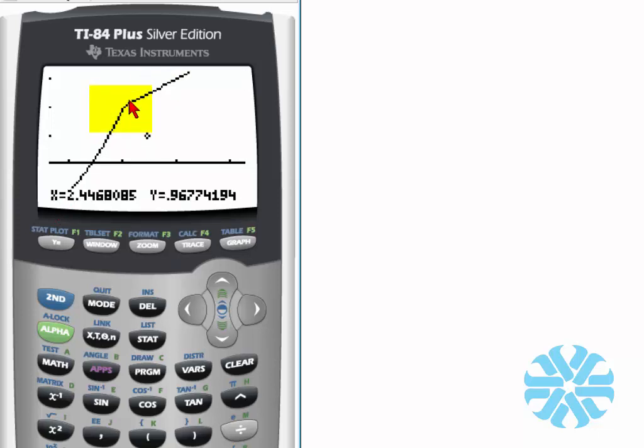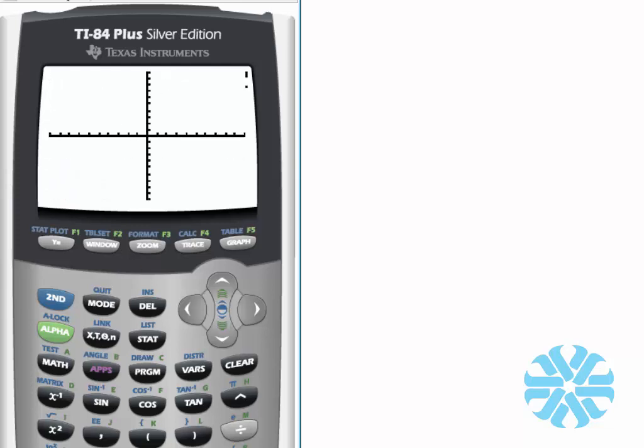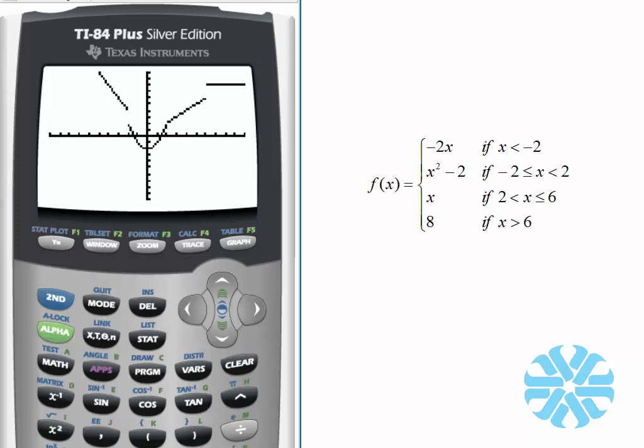Okay? So let's go back to the standard window. So zoom, and then Z standard number 6. And there's the piecewise function that we just graphed. Now recall, in the previous example, we had open circles and solid circles.